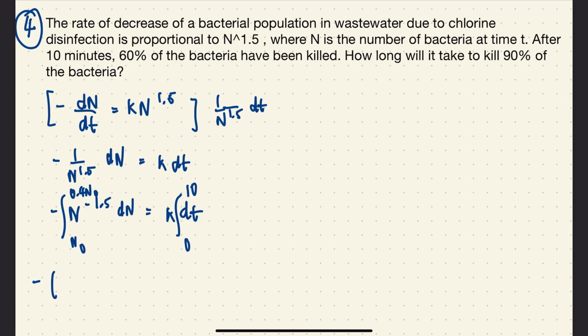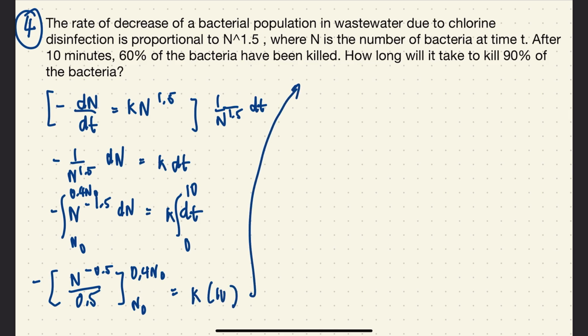Then when we get the integral, we'll just use the power formula, negative 1.5, then we'll just add 1, so it becomes negative 0.5. So it becomes N raised to negative 0.5 over 0.5 from N sub o to 0.4 N sub o is equal to k times 10.